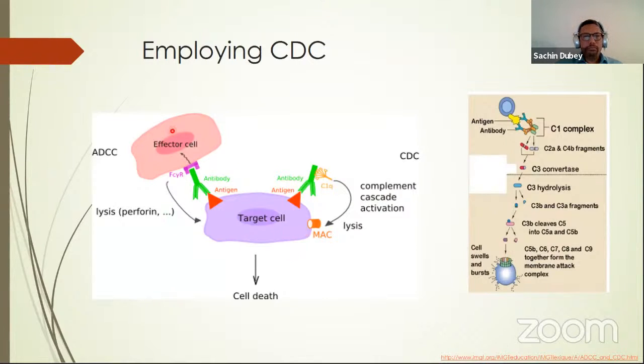So for antibodies designed for oncology, what do we need? We need ADCC and CDC to be present in order that those target cells can be destroyed. And through several rounds of improvement, these ADCC and CDC functions can even be improved compared to the natural antibody.